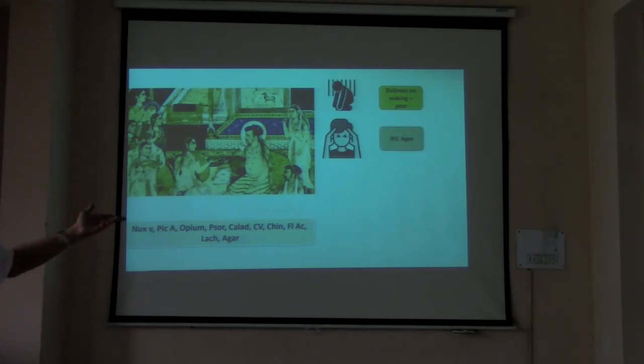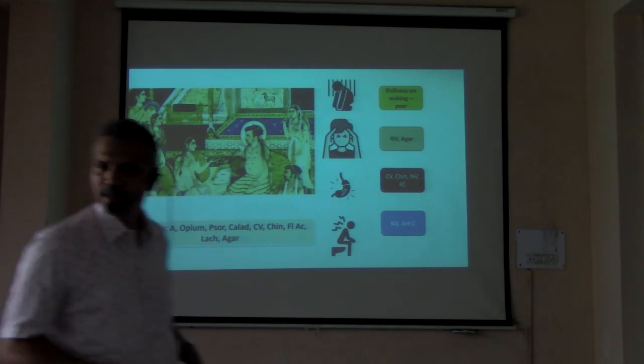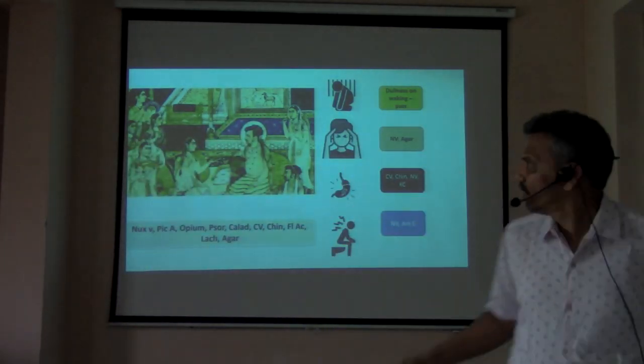Headache: Nux vomica, Agaricus. Deranged stomach: Carbo vegetabilis, China, Nux vomica, Kali. And diarrhea, you have Antimonium crudum, yes, Antimonium crudum and Nux vomica. Okay?